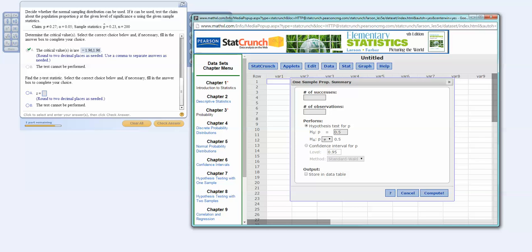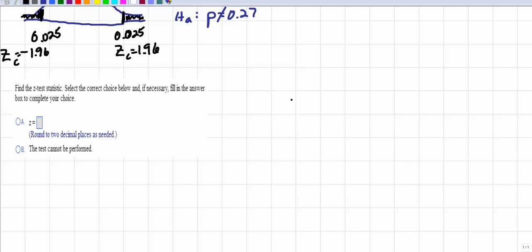Now, in this particular problem, if we go back and look at it, we know that P hat is equal to 0.23. And N is equal to 200. This will be our observations, where N equals 200. We're going to put that in as observations.